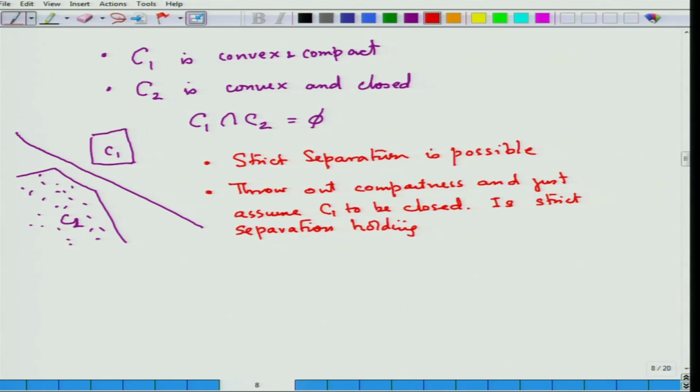The answer is of course negative, otherwise we will not get into all these issues. Let us see why that answer is negative.